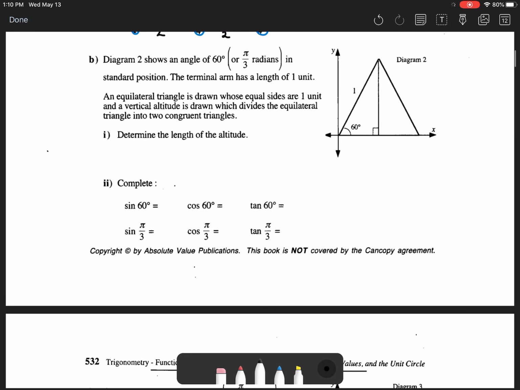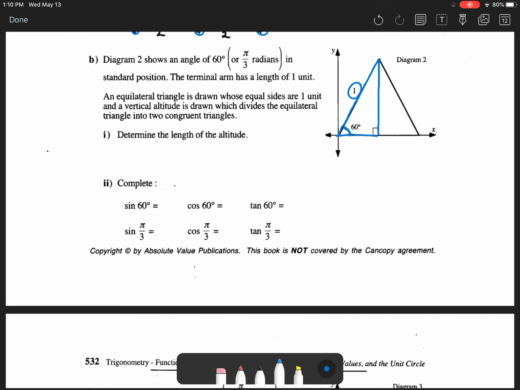Okay, diagram 2. Now, in diagram 2, I have an angle of 60 degrees, which is the same as pi over 3 radians, and again, the terminal arm is 1 unit, okay? So what we're really focusing on here is this triangle right here that I will outline in blue. It's kind of like the triangle we had in diagram 1. There's the hypotenuse, or the terminal arm. Here is the reference angle of 60, and here's what they've told us.